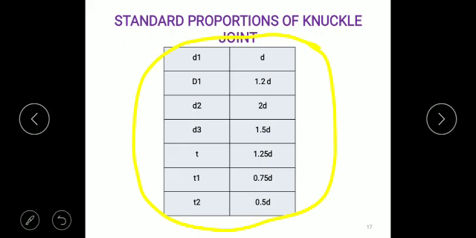Whatever induced stresses, whether crushing stress, tensile stress or shear stress, all these induced stresses should be less than or equal to the permissible or allowable stress. Then we can say the design is safe for the given application or the given loading condition. So these are the things that we can use for designing this knuckle joint.